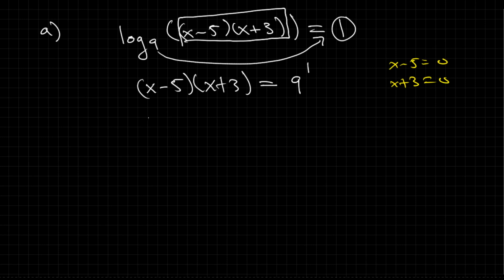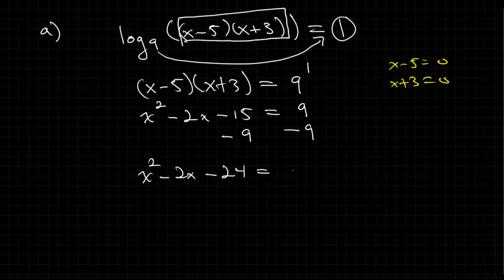So distributing on the left-hand side, or foiling if you will, gives me x squared minus 5x plus 3x, that'd be minus 2x, minus 15 equals 9, and we'll go ahead and subtract 9 now from both sides, and we get x squared minus 2x minus 24 equals 0.